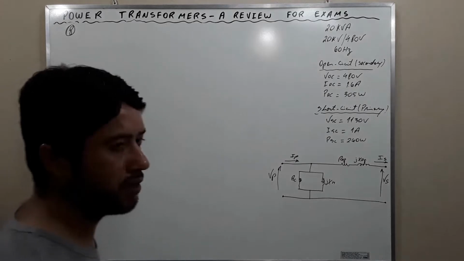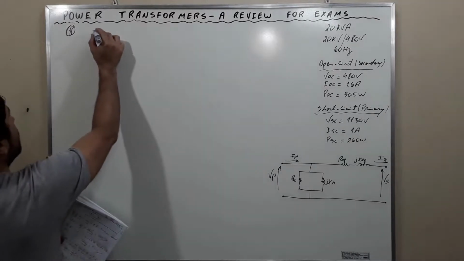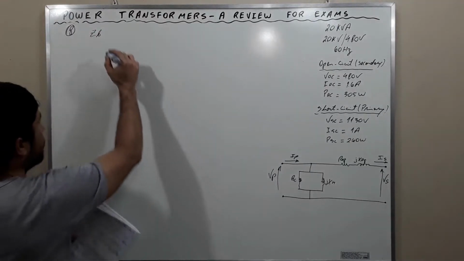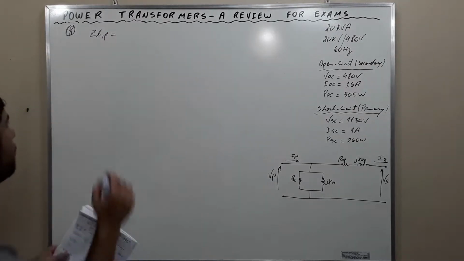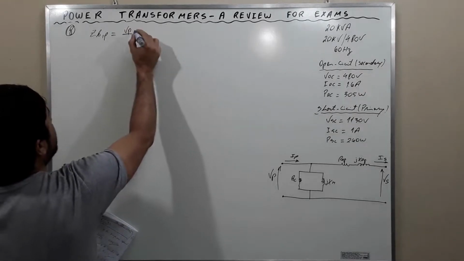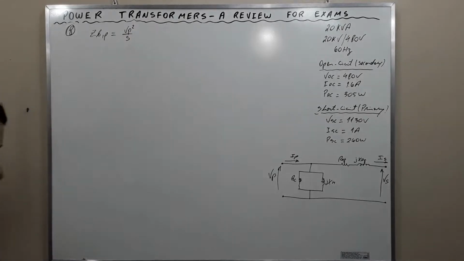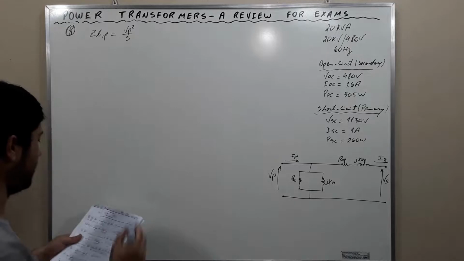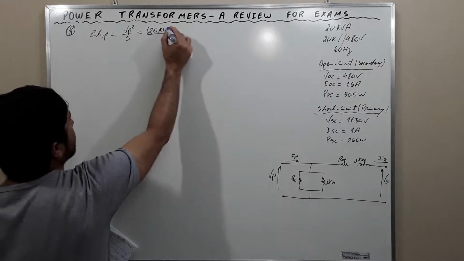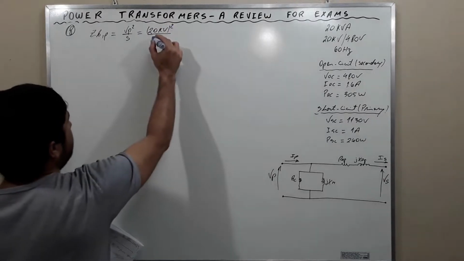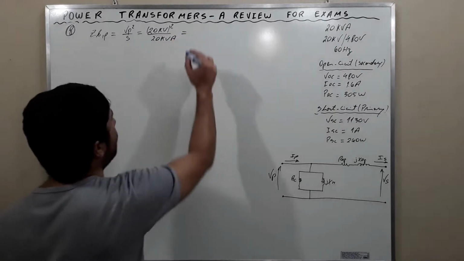The base impedance of the transformer referred to the primary side, Z base, is Vp squared divided by the apparent power, and this is 20 kV squared divided by 20 kVA, and this is equal to 20 kilo ohms.